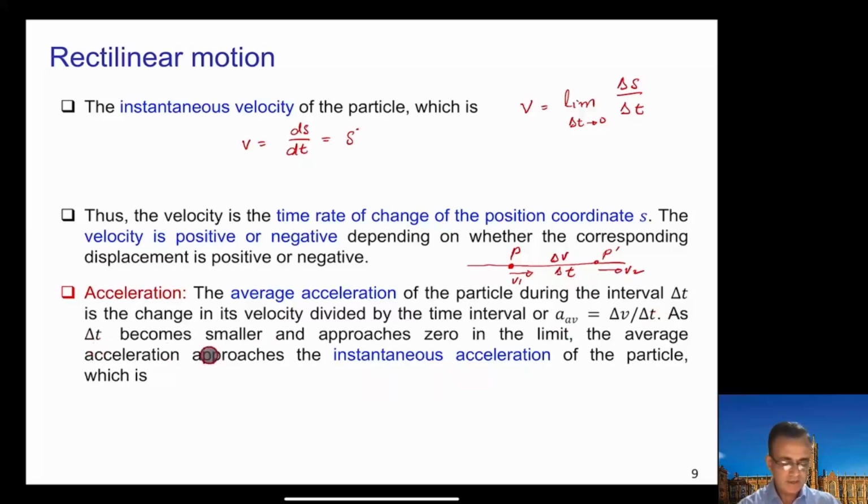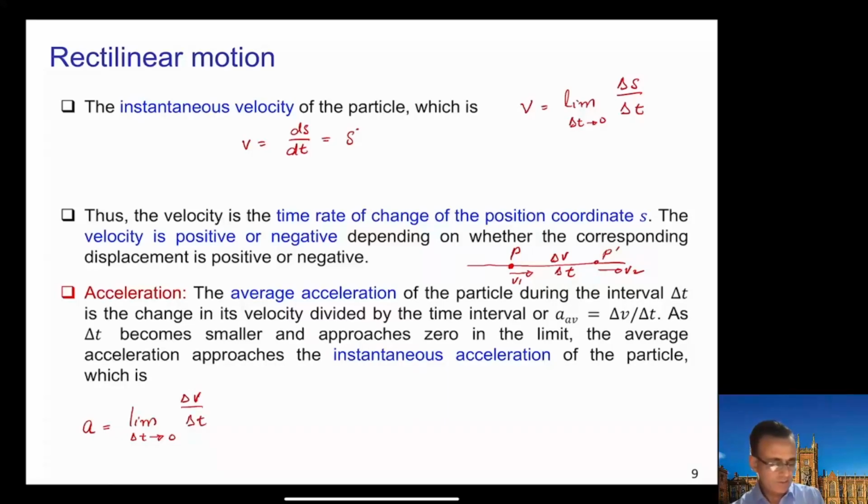And as delta t becomes smaller and approaches zero in the limit, the average acceleration approaches the instantaneous acceleration of the particle, which you can write. The instantaneous acceleration, which we represent by a, is the limit, when delta t approaches zero, of the average acceleration, delta v divided by delta t.